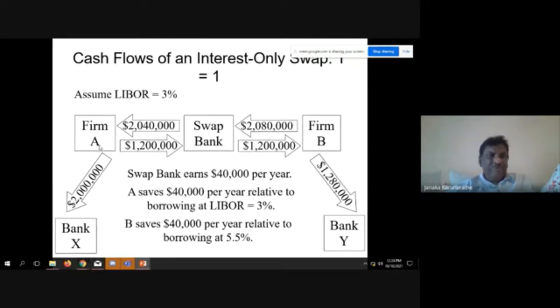Company A receives 2.04 million, pays Bank X 1.2, and pays on the loan 2 million.